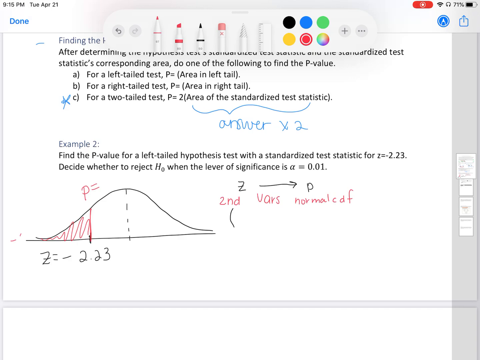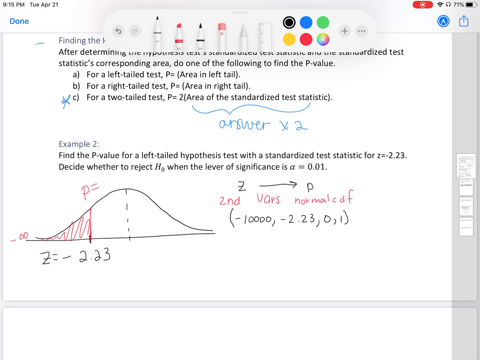My lower bound is negative infinity, and my upper bound is negative 2.23. So I write negative, a really big number, negative 2.23. My mean, we set a mean of 0, and a standard deviation of 1.